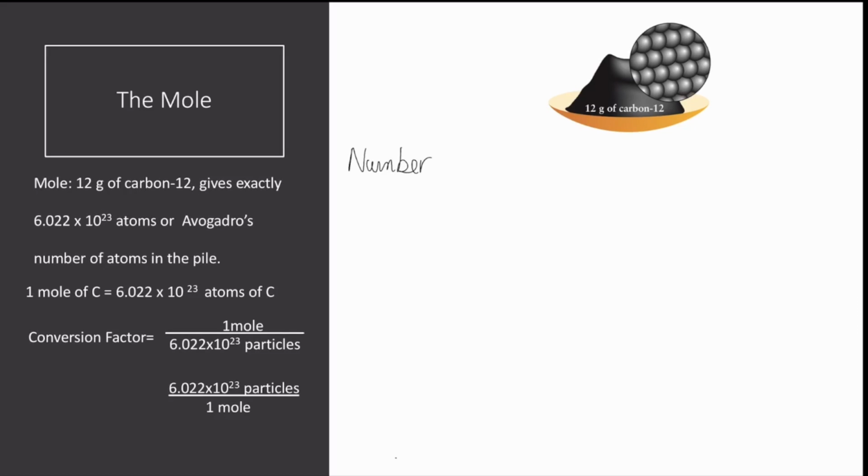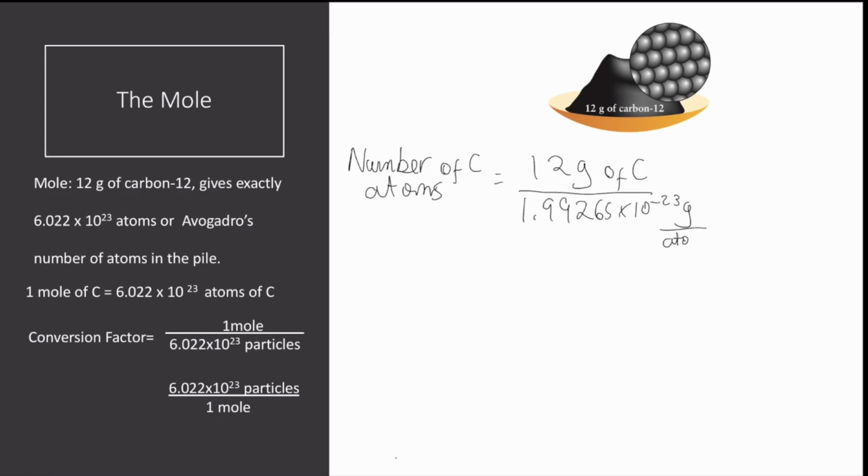So we write number of carbon atoms, and we find it by dividing 12 grams of carbon by the mass of a single carbon atom, which in this case is 1.99265 times 10 to the negative 23rd grams per atom of carbon.